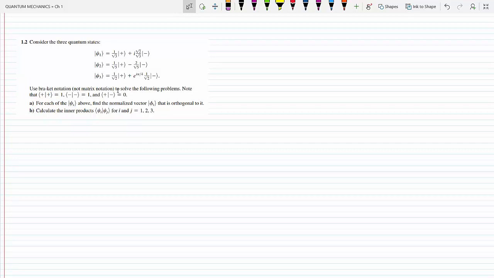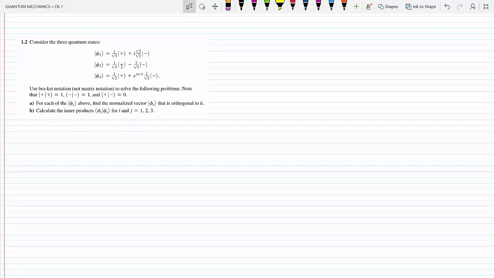Okay, so you need to find what that is using the bracket notation, not the matrix notation. They're all the same, so why don't we just pick 3 and do that one? Because it kind of illustrates the point.